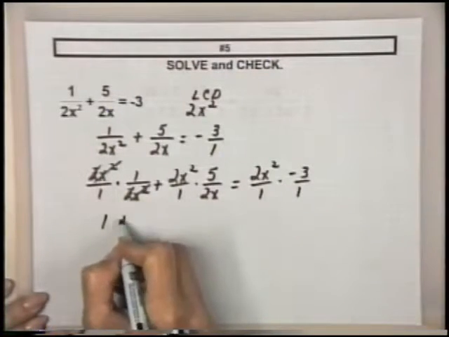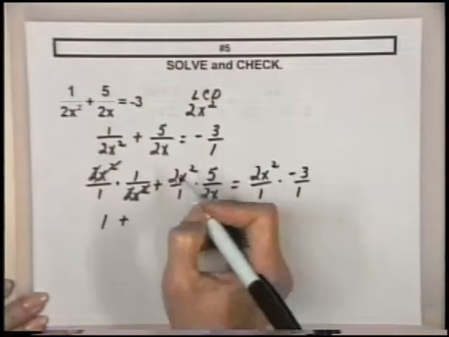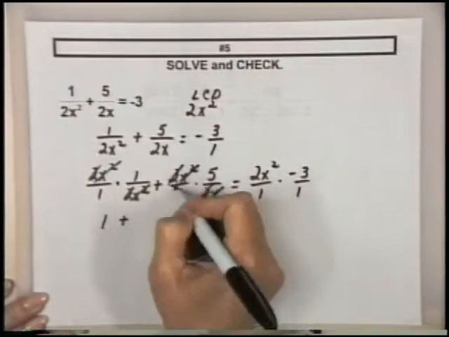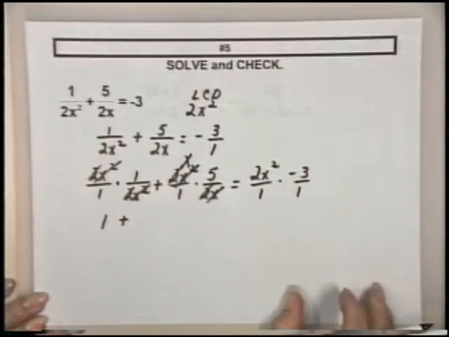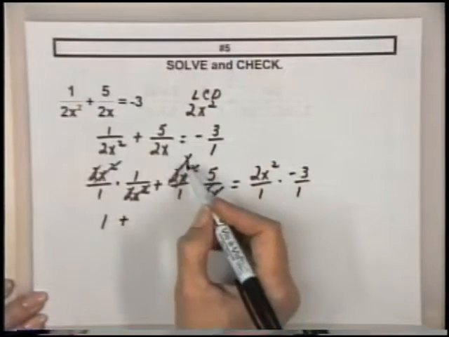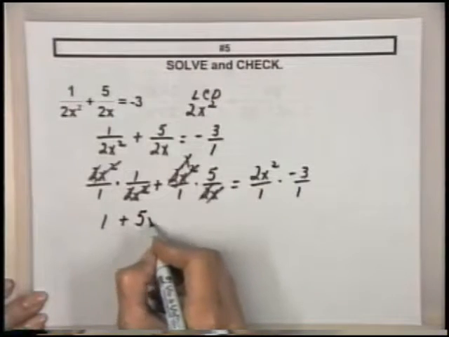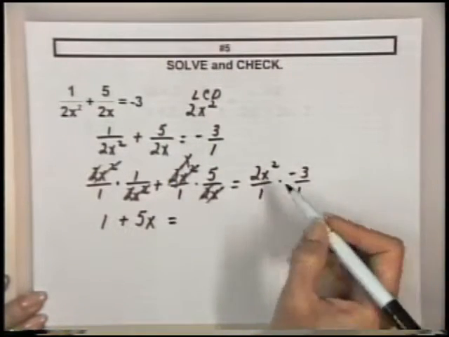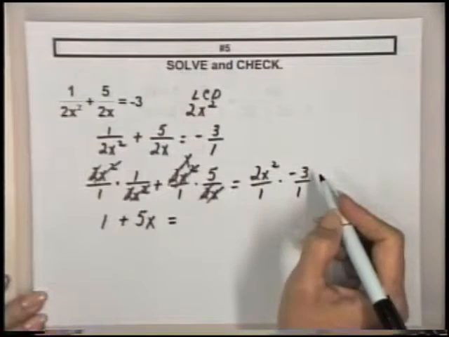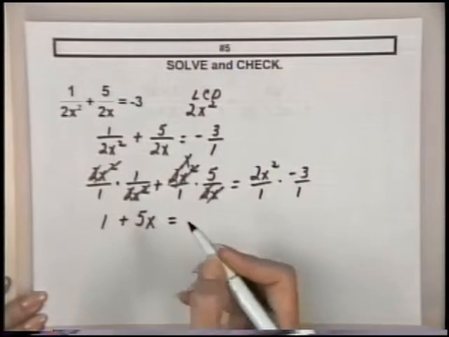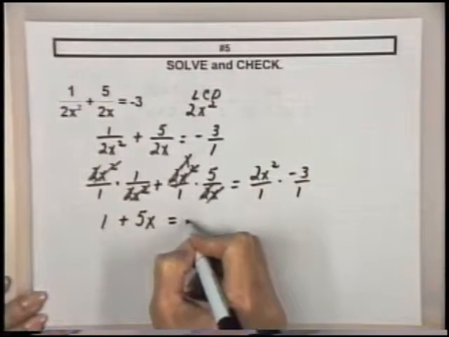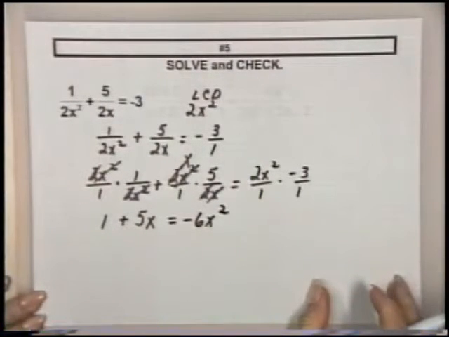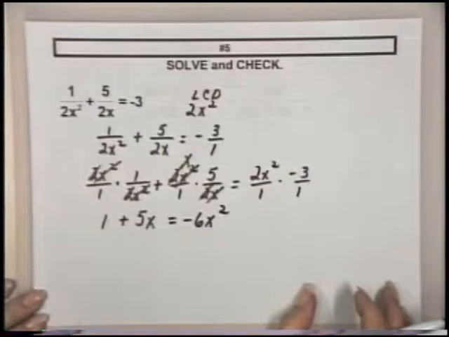I am left with 1 over 1, which is 1, plus in my second fraction, my 2's cancel. My x will cancel one of my x's in the numerator, so I am left with x times 5, or 5x, equals, on the other side, 2x squared times negative 3, which is negative 6x squared.